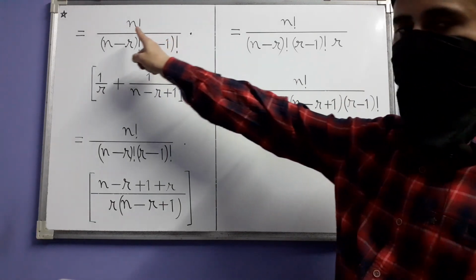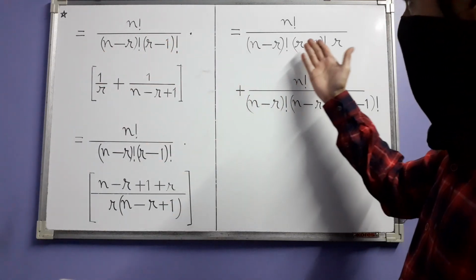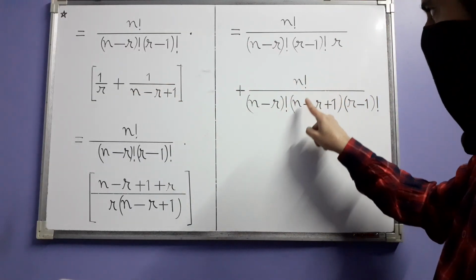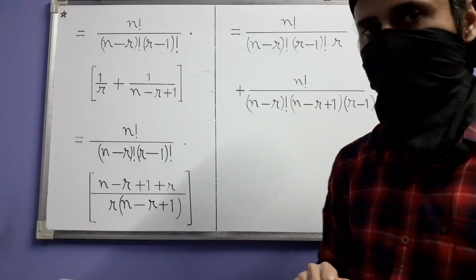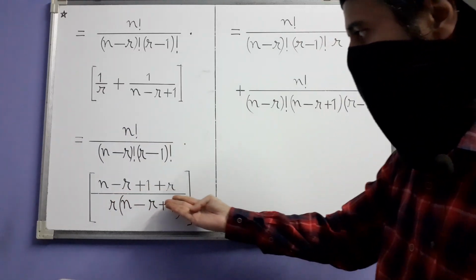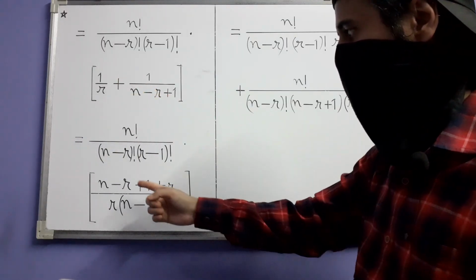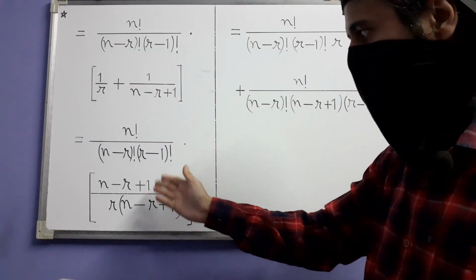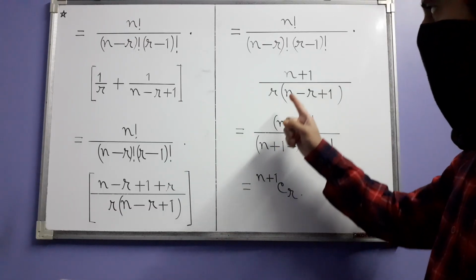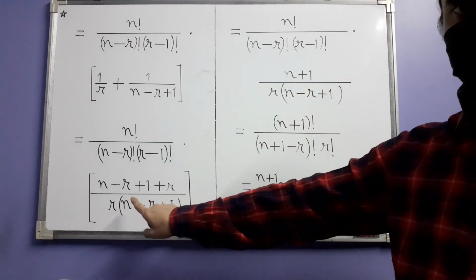So we can take these things outside. Here we will be left with 1 divided by r, and here we will have 1 divided by (n minus r plus 1). And then we do the calculation here, and this is what the numerator becomes, n minus r plus 1 plus r. So you can see that r and minus r will vanish. And that leaves us with n plus 1 in the numerator here.